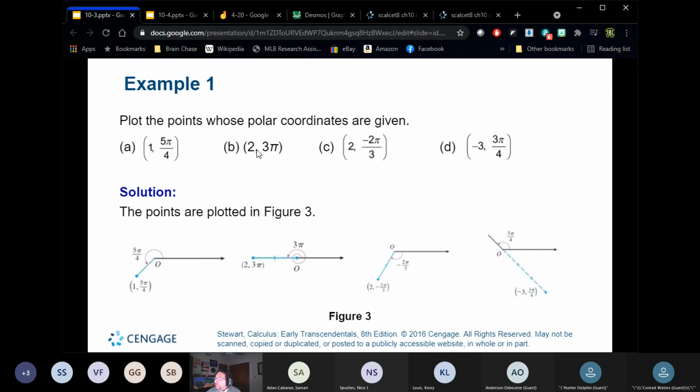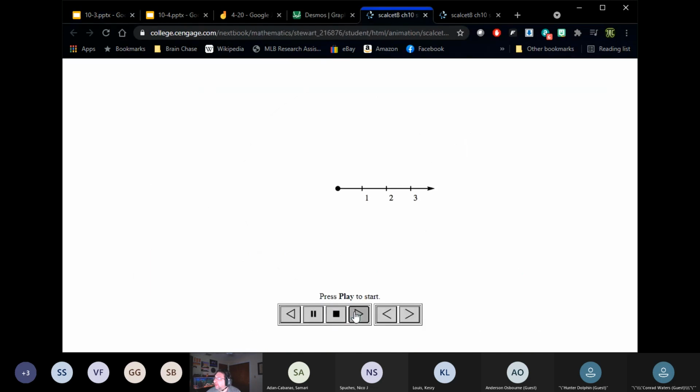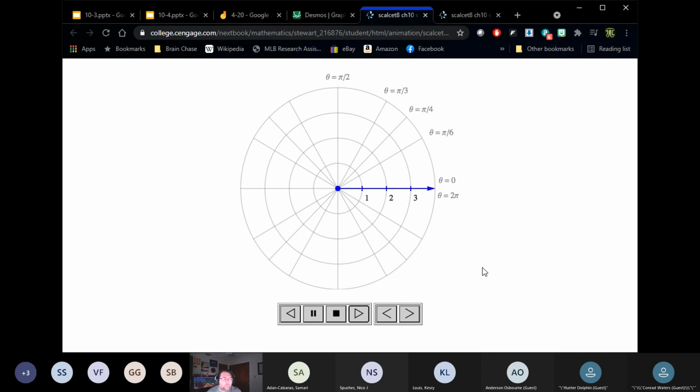The next one was 2 and 3 pi. One full rotation around the circle is 2 pi, so to graph 3 pi we go past that and do one more pi. So that would be a radius of 3 and a theta of 3 pi.